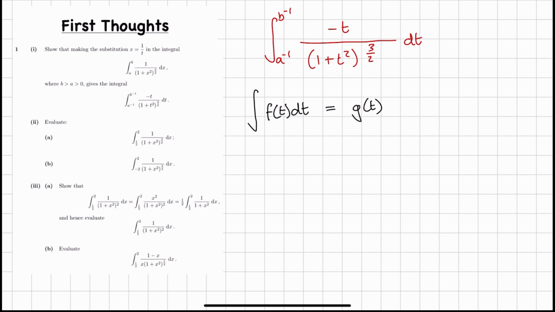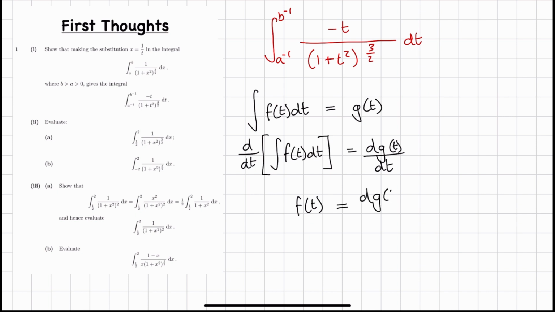Now, if we take the derivative of both sides, then we've got an equation that looks like that, which then gives f of t is a derivative of some kind.